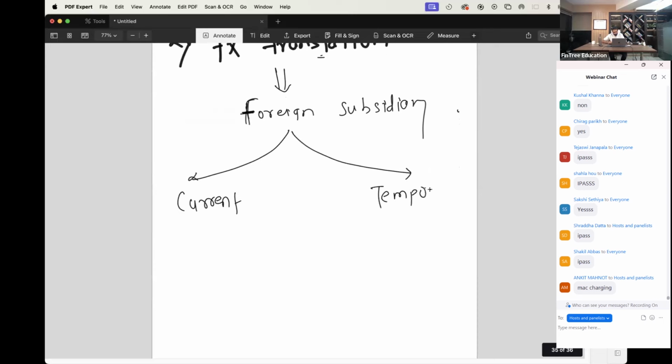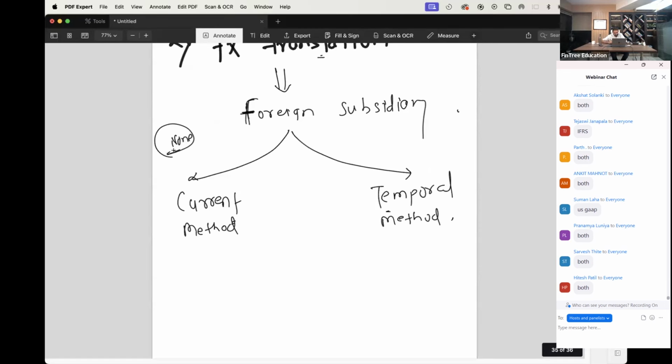Now, can you tell me these current method and temporal method, is this the name used or nomenclature used in US GAAP or IFRS? Or is it both? Okay, the answer is none.